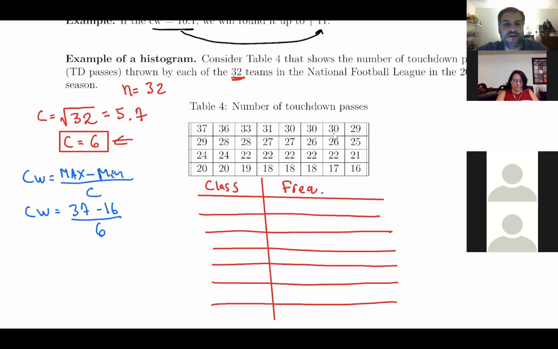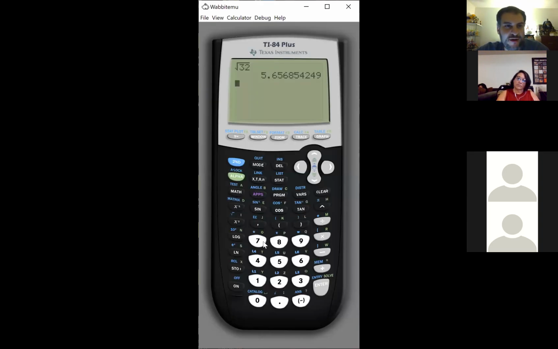Perfect. I'm going to transition over to my TI-84 so you can see how I punch it in. There are 2 ways to do that. One way is by parts, which I recommend. You do 37 minus 16, and you get 21.